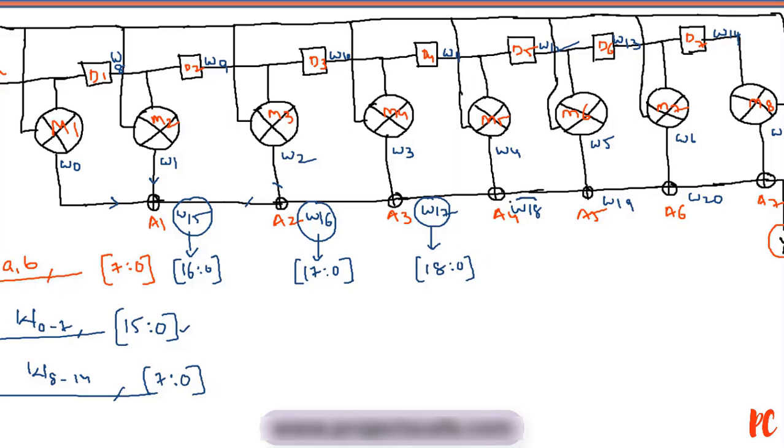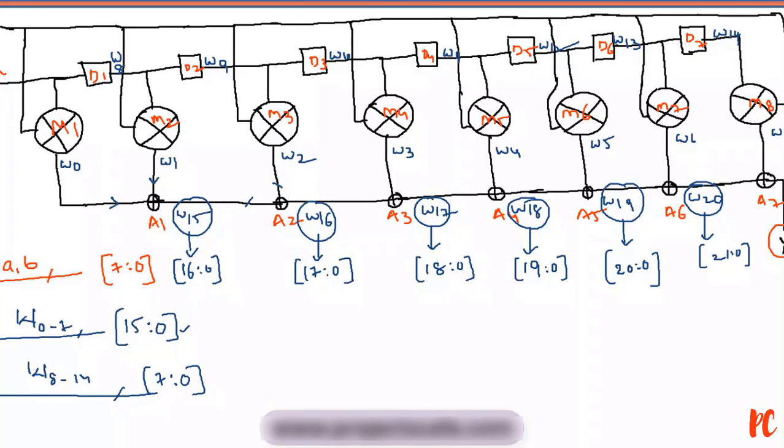With respect to W18, I need to take the range 19 down to 0. With respect to W19, I must take the range 20 down to 0. Similarly, for W20, I must take the range 21 down to 0. And finally, the output is a combination of this addition, the W7 addition as well as the W20 addition. So obviously the output that I must take will be at a range of 22 down to 0.